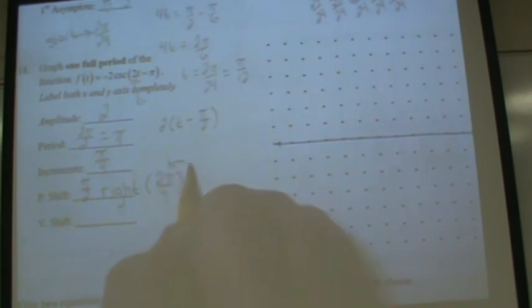And again, we want to have the same denominator as we do in our increments. So we're going to multiply by 2 over 2. So we're actually going to start at 2 pi over 4. That's our actual starting point. And for this one we don't have a vertical shift. There's nothing added on to our function.